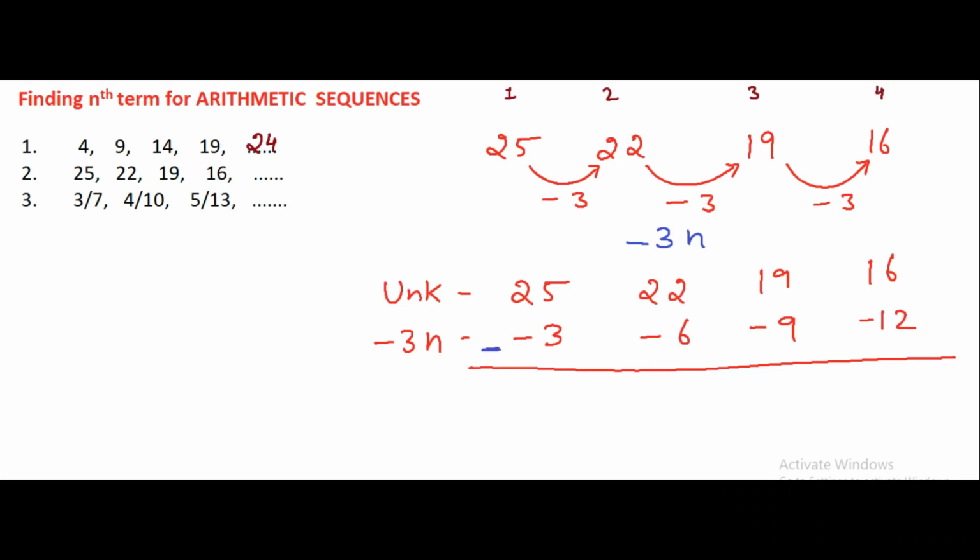You need to take care of a small thing: this subtraction is 25 minus minus 3, or 25 minus negative 3. So that becomes plus. So 25 plus 3 gives what? It gives 28.